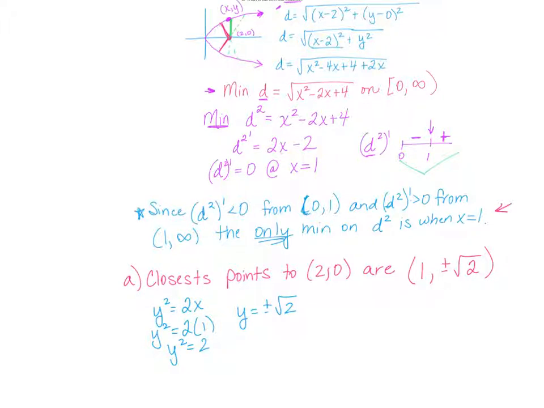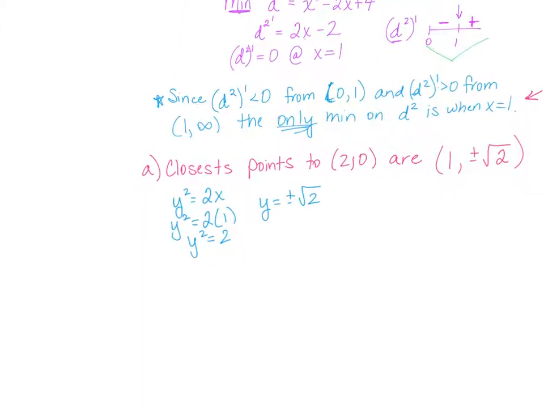Now notice it asks for the shortest distance. So I'm going to plug back, way back up in here, into my distance equation. And being that I only know x, I'm going to go to this line right here and just plug it in there. So let me do part B.